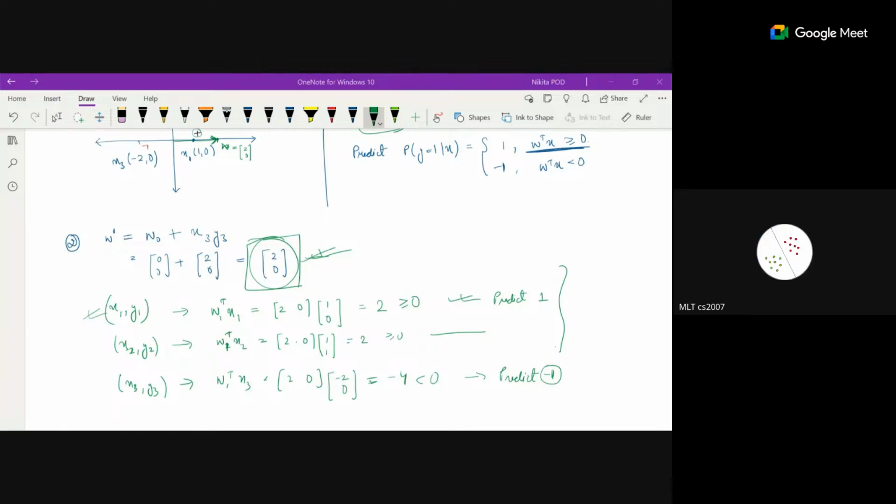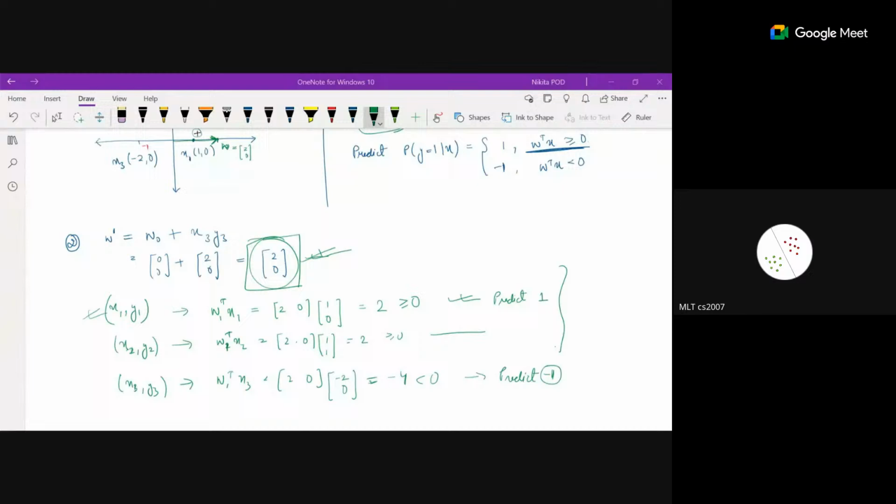I think it will not always be classified correctly. You will have to check. It's good to check. It may not be classified correctly, right? So we have to check.